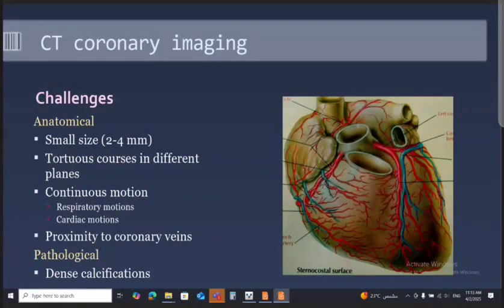CT angiography of the coronary arteries is a challenging technique because we have multiple anatomical and pathological factors that interfere with proper evaluation of the coronary arteries. The anatomical factors include the small size of the coronary arteries, as they range between 2 and 4 millimeters in average diameter.